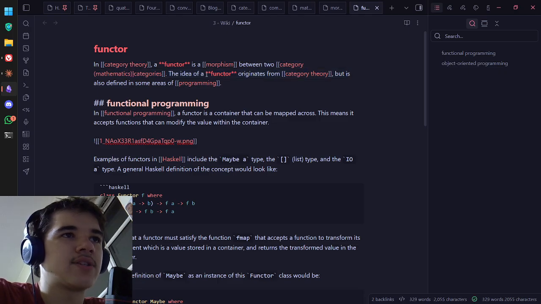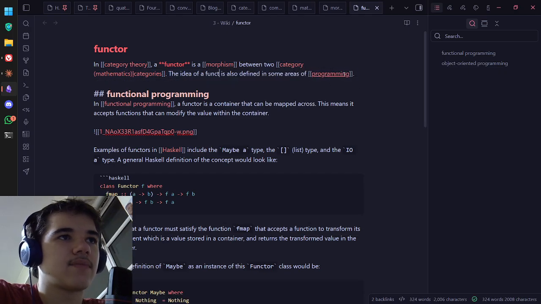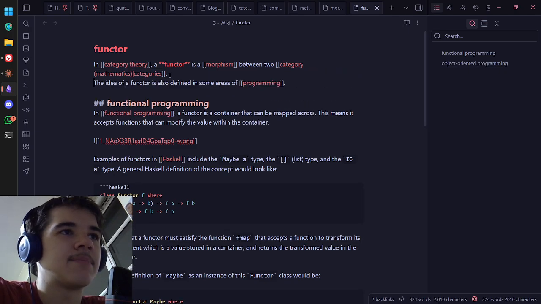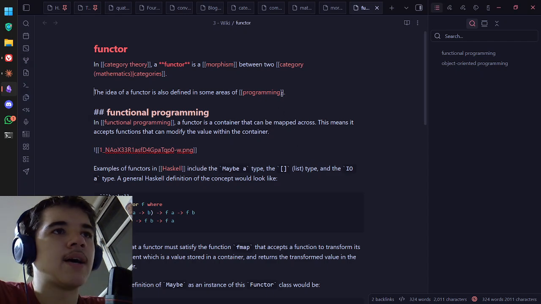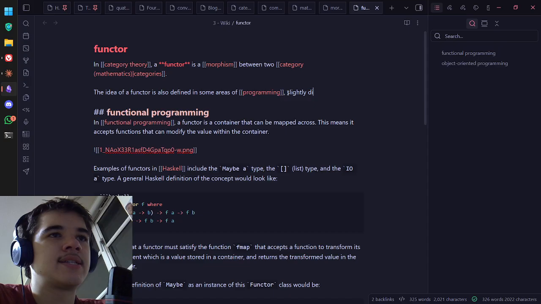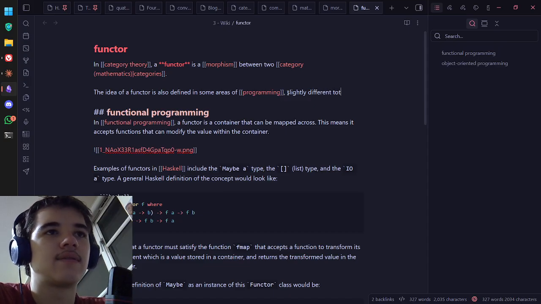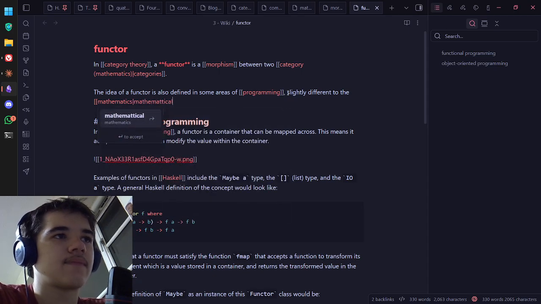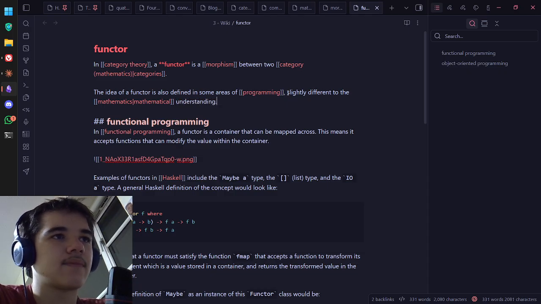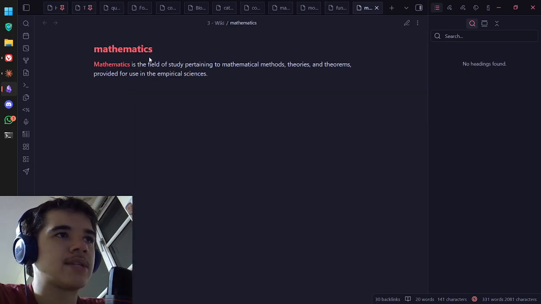So the idea of a functor is also defined in some areas of programming, slightly different to the mathematical understanding, let's say. Okay, let me just add some analyses.